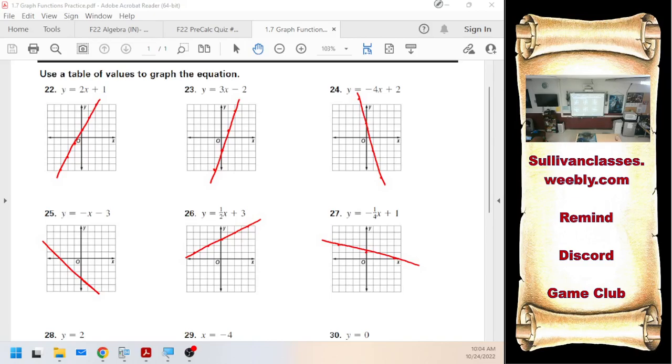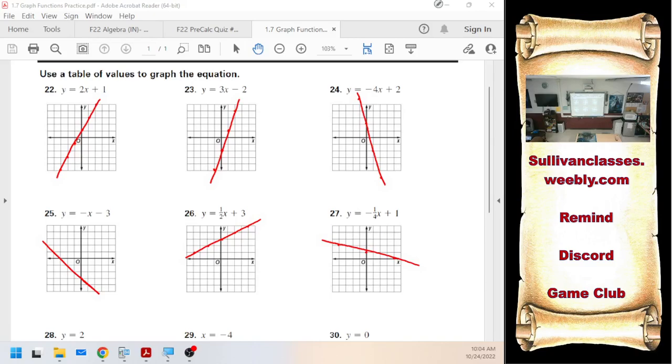Remember, you should have a table next to each of these. It doesn't matter whether you can do this by good old slope-intercept. If you remember that from last year, that's great. That's going to help you when we get to all of the line stuff. Because we're going to do lines, we're going to do systems, word problems, with all that stuff.